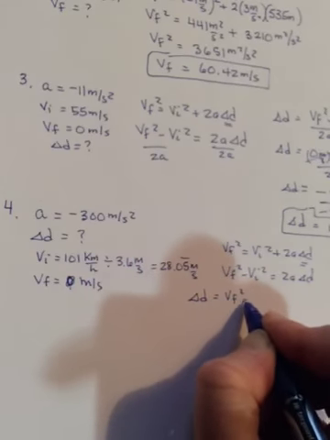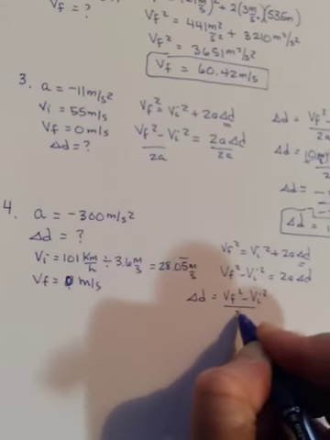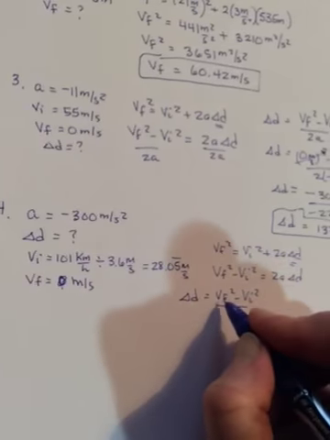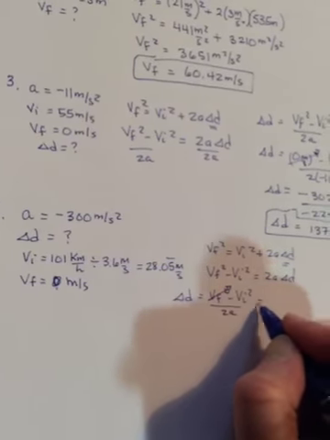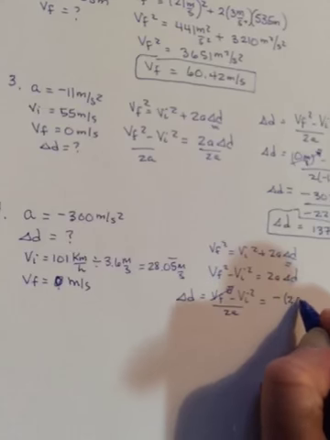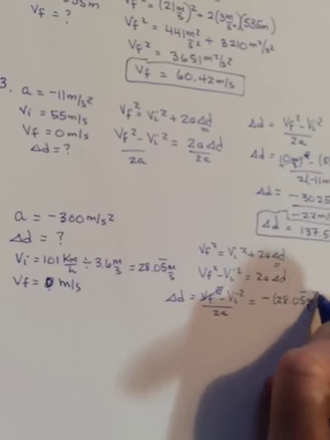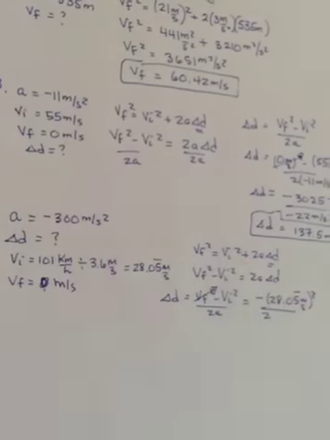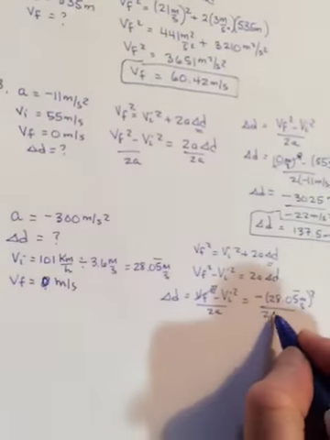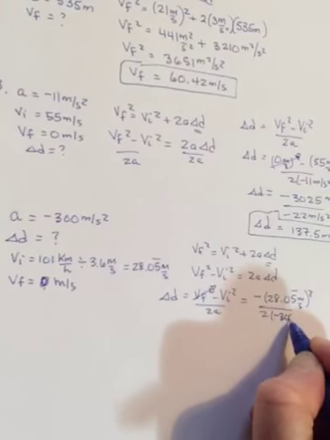So VF squared minus VI squared over 2A. Again, the VF squared is 0, so this is going to be negative bracket 28.05 repeating squared over 2 times negative 300.